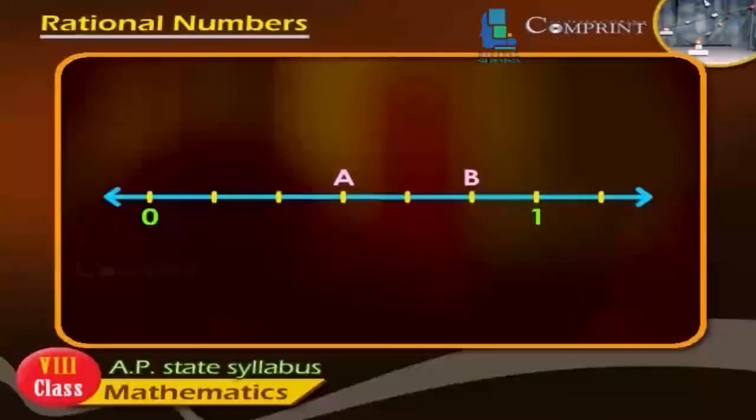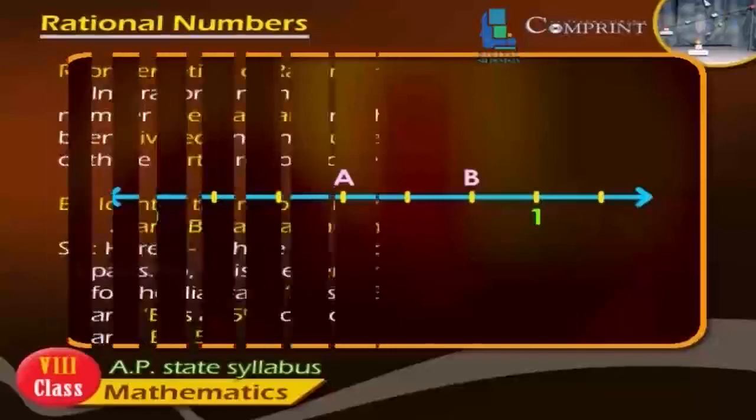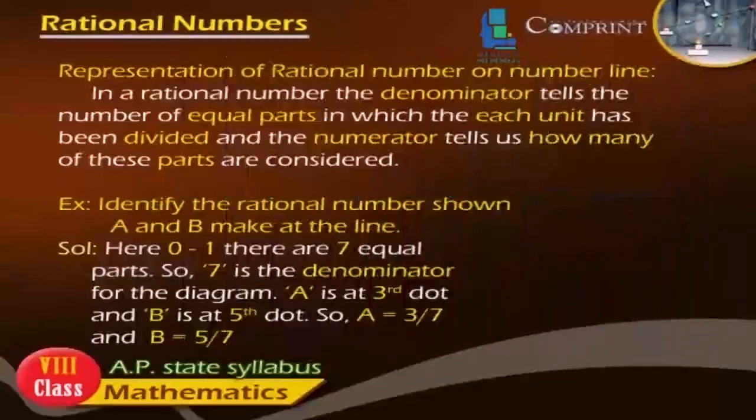Solution. Here from 0 to 1 there are 7 equal parts. So 7 is the denominator for this diagram. A is at the third dot and B is at the fifth dot. So A is equal to 3/7 and B is equal to 5/7.